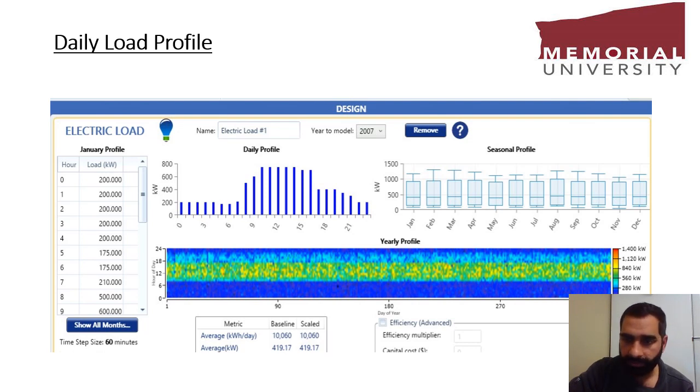And in the seasonal profile, you can see HOMER Pro gives us the data for all the months during a year. So we have 10,060 kilowatt hour per day.